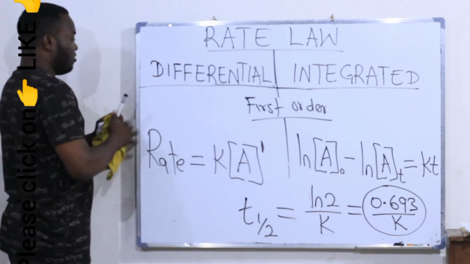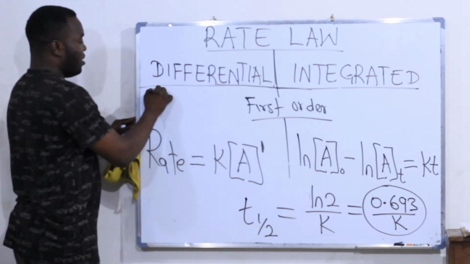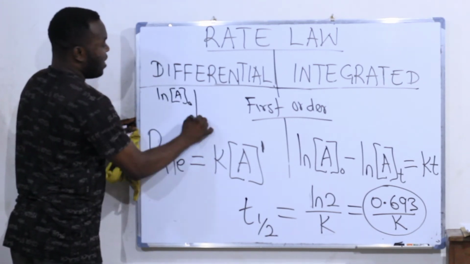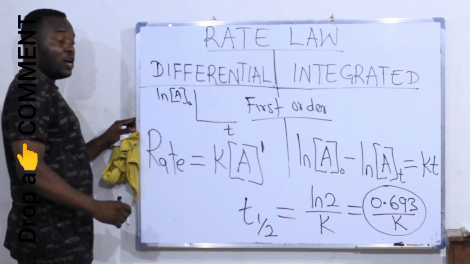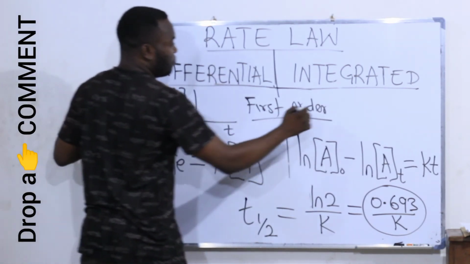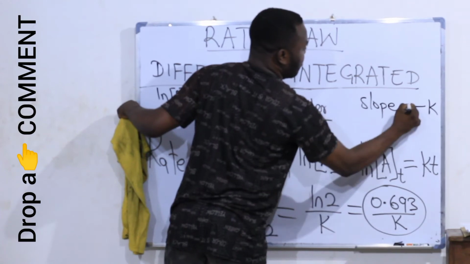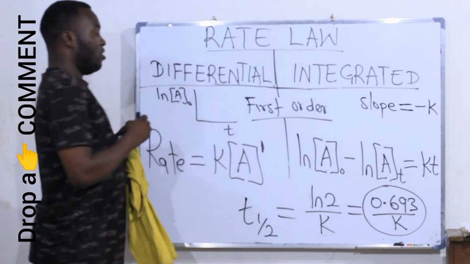And when you plot the graph of ln of initial concentration against time for first order, your slope will still be equal to negative K, just as in the zero order.